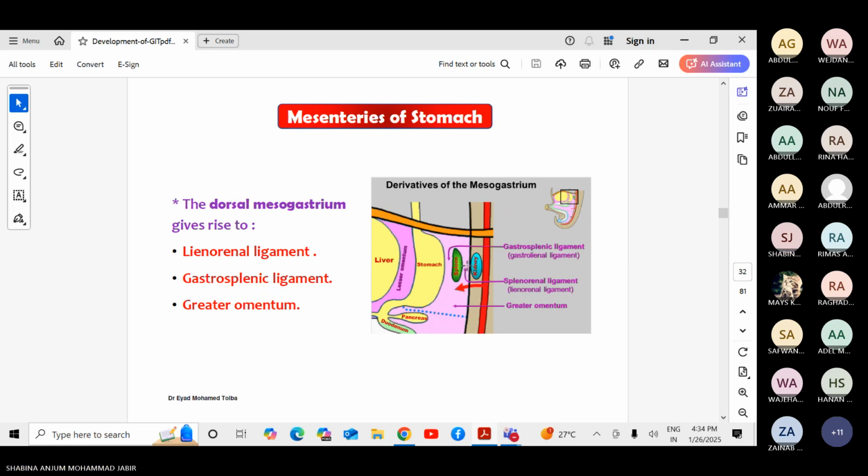And this is the greater omentum, which will be attached to the greater curvature. So if we ask you what are the derivatives of the dorsal mesogastrium, it is easy. Dorsally or posteriorly, we have the spleen and kidney, so there will be ligaments attached between these organs.